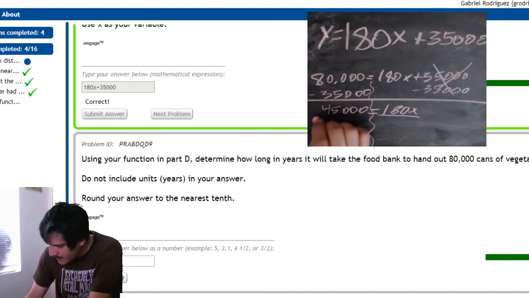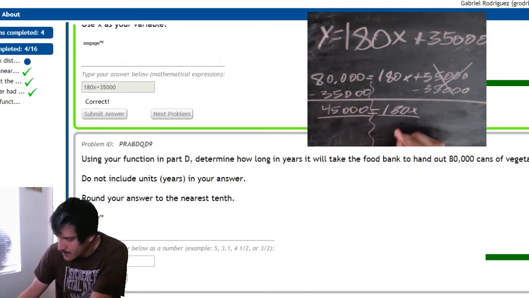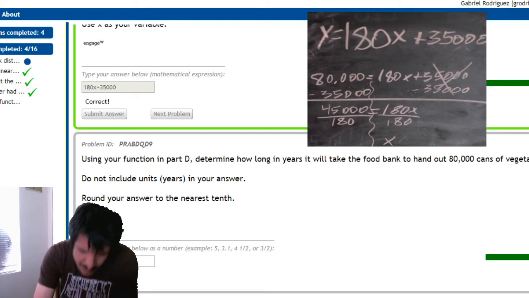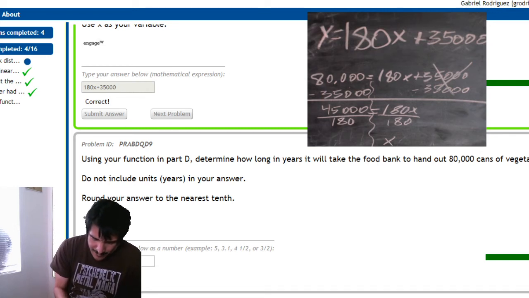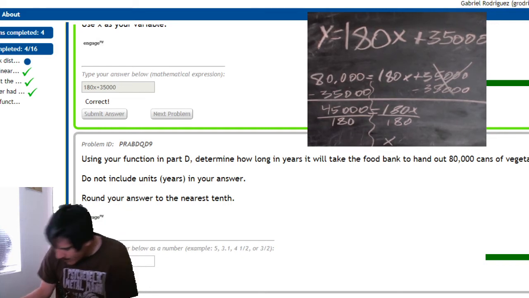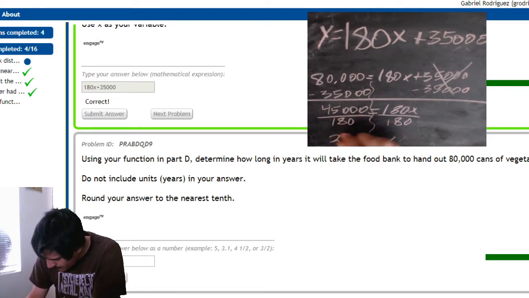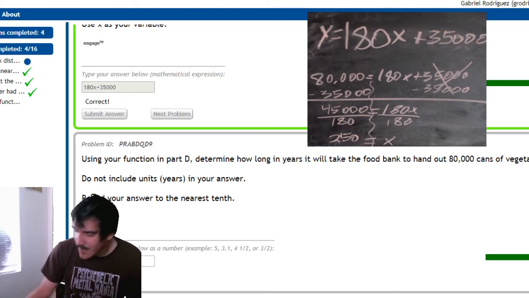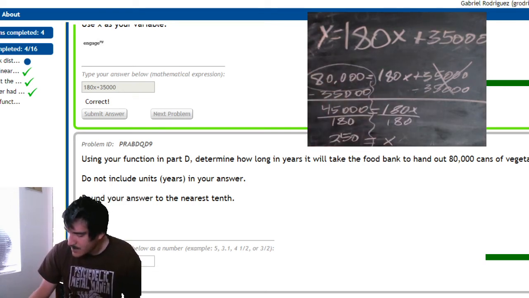Then you want to get rid of that coefficient next to the x, so divide each side by it, and you shall get x equals 45,000 divided by 180 cans per week. That says 250. So that means that to get these 80,000 cans from up here, it's going to take 250 weeks.